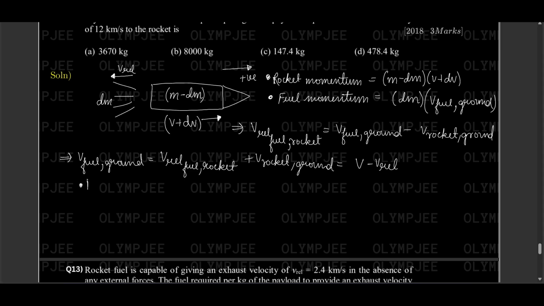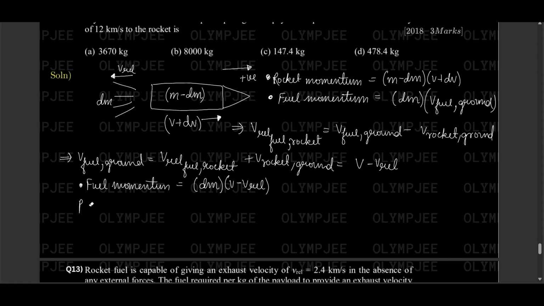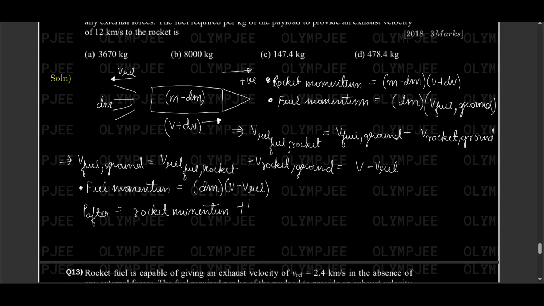So finally the fuel momentum is dm multiplied by the velocity of fuel with respect to ground, which we found out as v minus vrel. So finally, the final momentum will be the rocket momentum plus the fuel momentum.